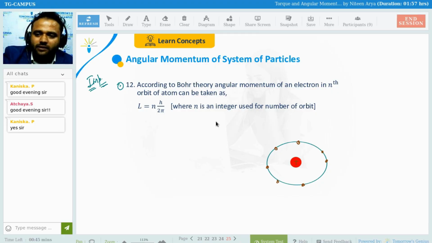But in this case, whenever any charged particle revolves around a center, it radiates energy.